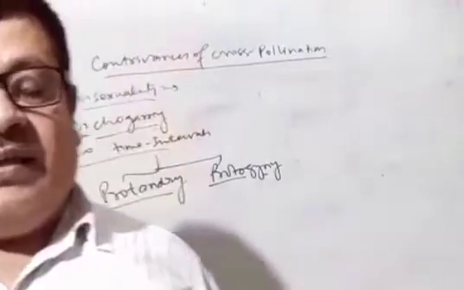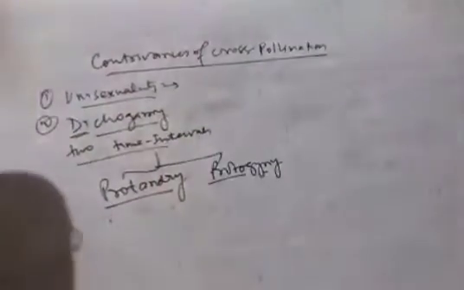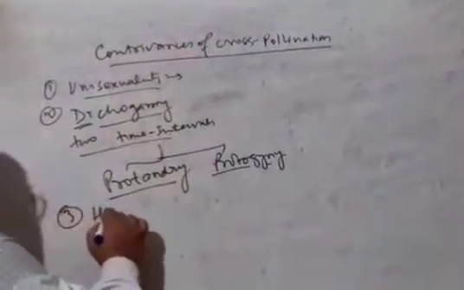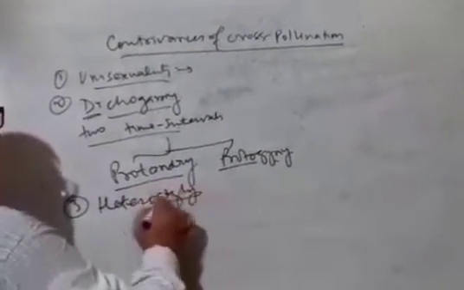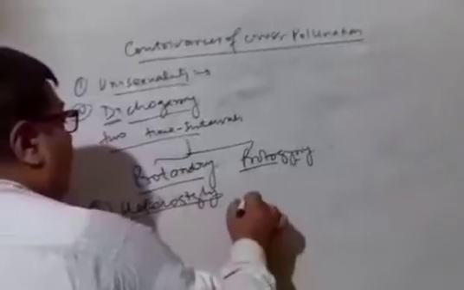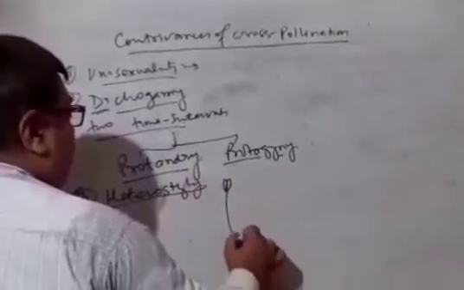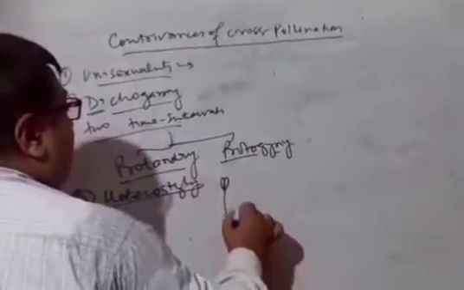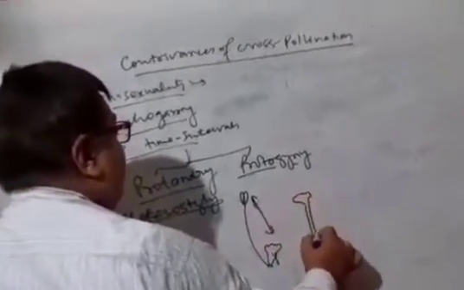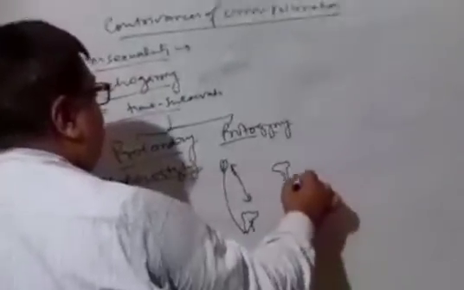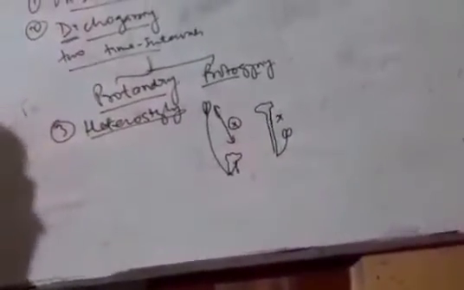Next is heterostyly. Hetero means different. Stylic: if the height of the male reproductive organ and female reproductive organ is far different, then self-pollination is not possible, and there is chance of cross pollination.